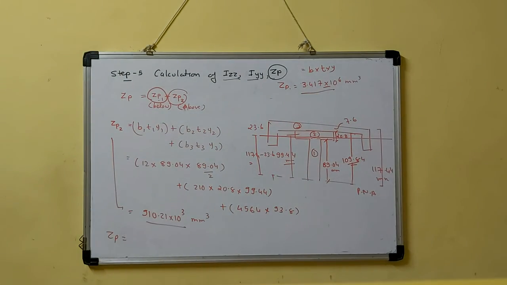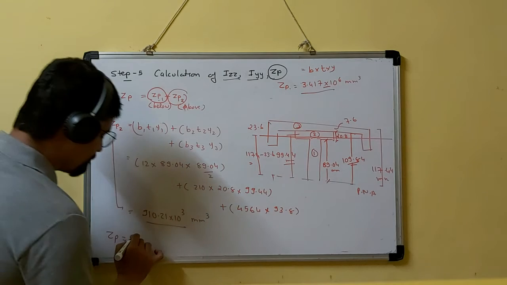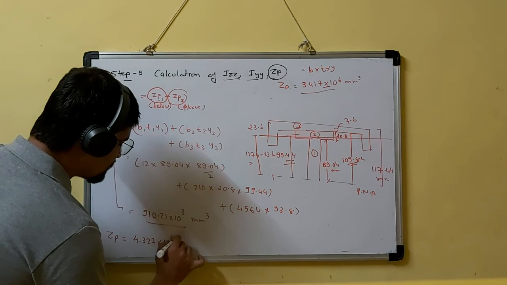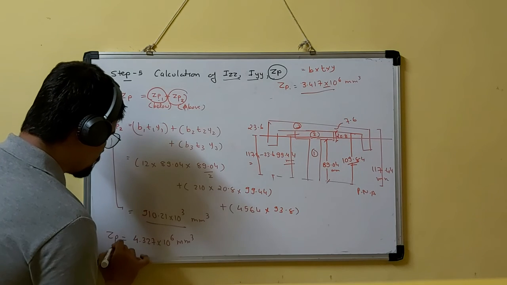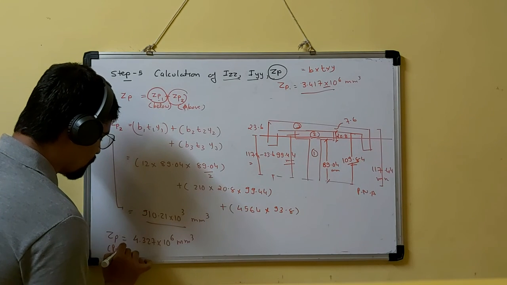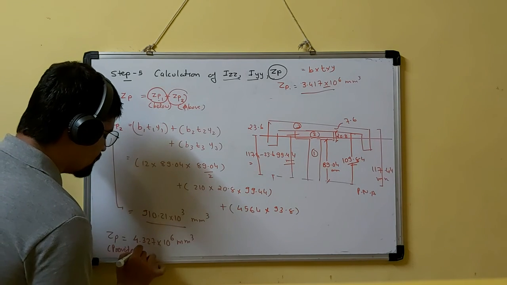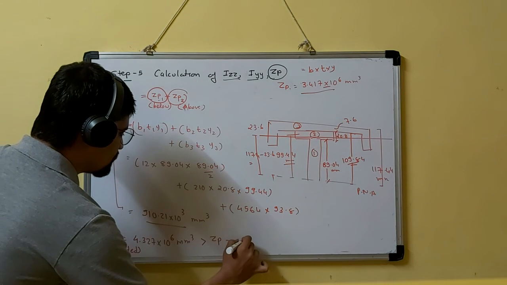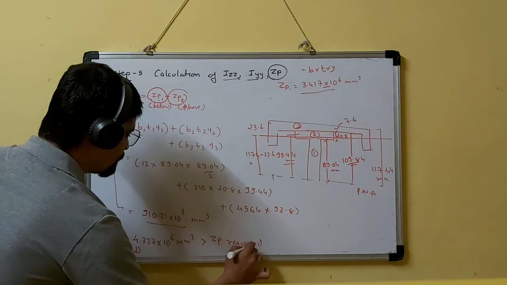The value will be 4.327 into 10 raised to 6 mm cube. This is the value of ZP provided, which is greater than ZP required as we calculated earlier using the equation.